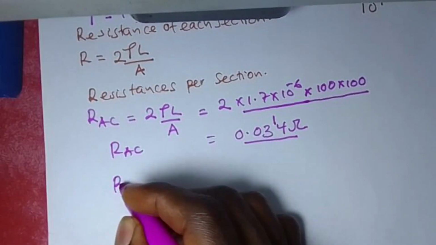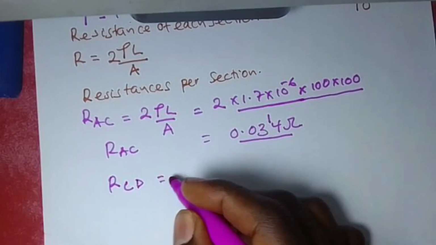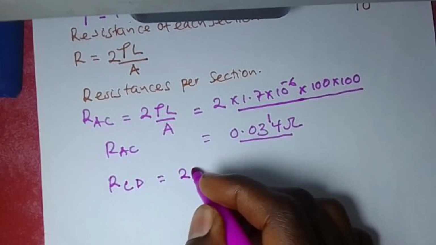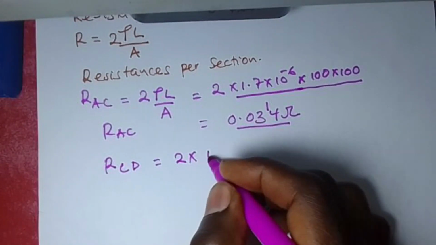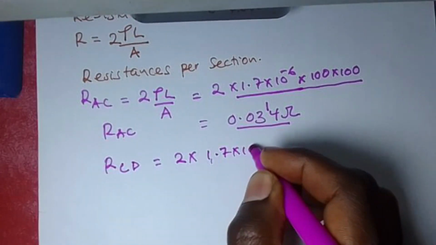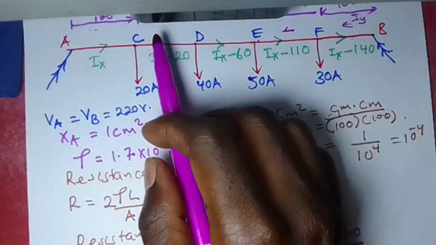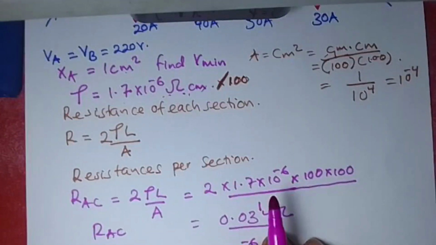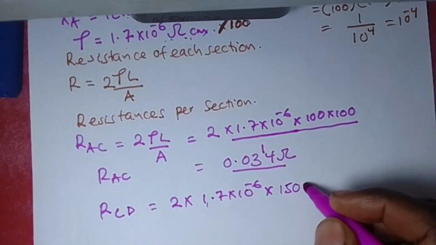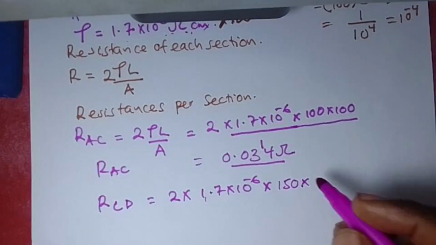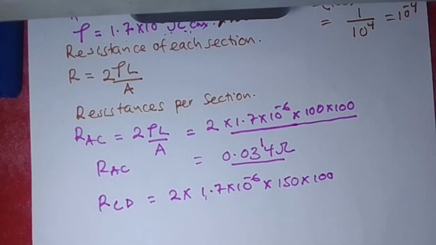For example, resistance across CD. So the resistance across CD is going to be equal to 2 times the value of resistivity, which is 1.7 exponent negative 6, times the length. The length between this point and this point is 150. That is in meters, but you change it to centimeters to give us 150 times 100.